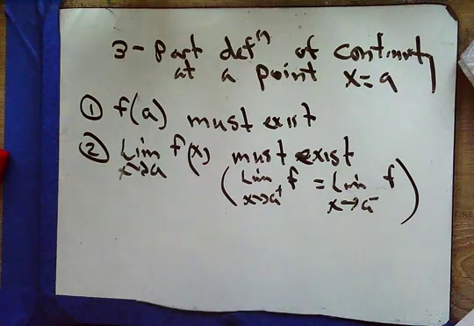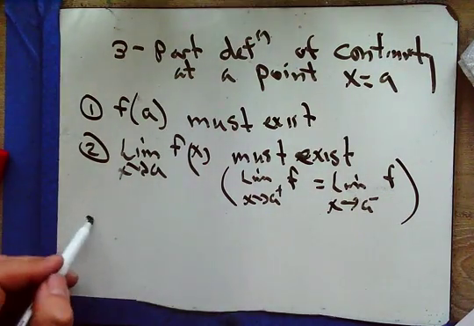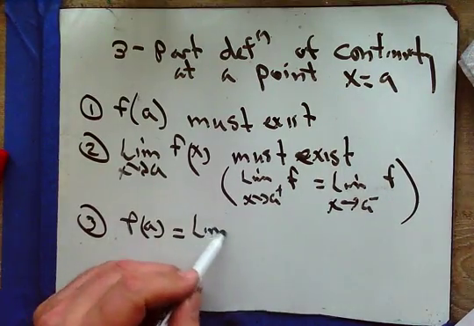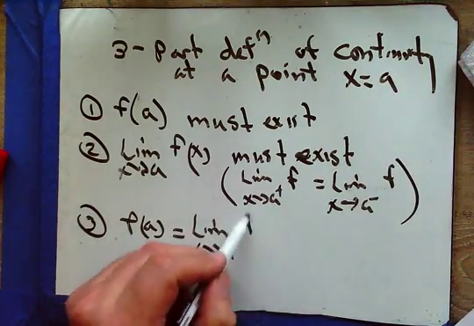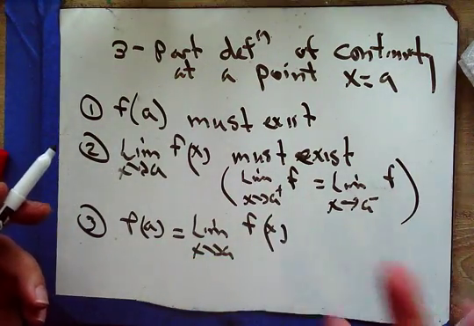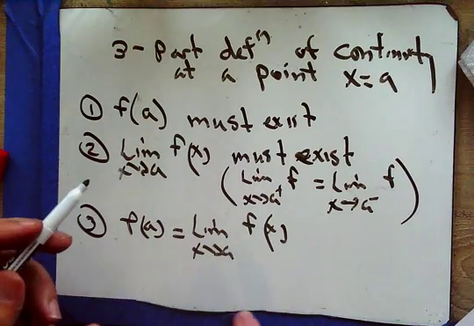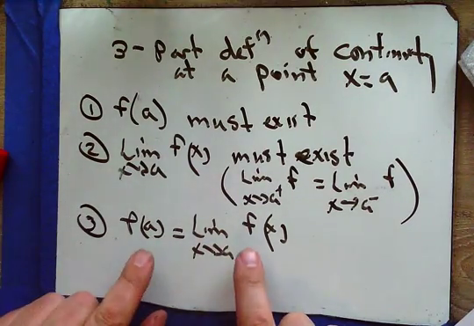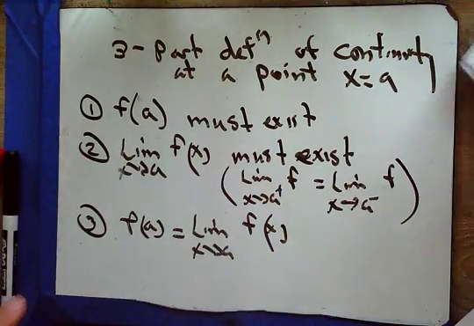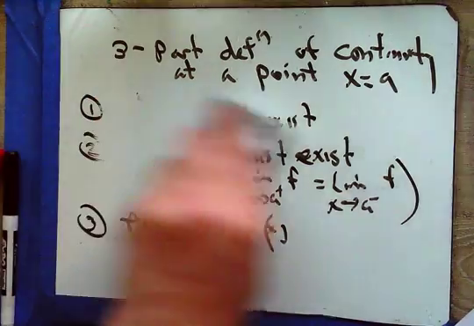All right. So, third point, f of a has to equal the limit as x approaches a of f of x. These can both exist but not be equal to each other, and therefore we wouldn't be continuous. Continuous requires these two values to be equal to each other. So that was our three-part definition of continuity at a point x equals a.